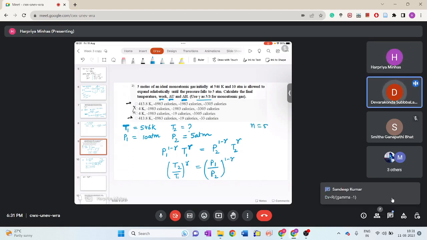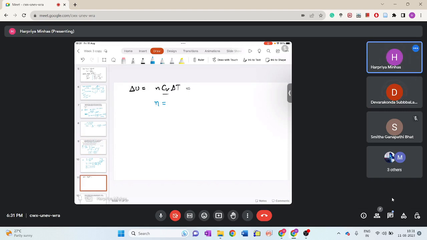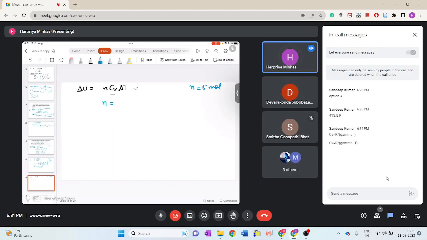Madam, Cp by Cv is equal to gamma, so from that we can calculate Cv. Yes, exactly, because you have already been given gamma. That is, the ratio gamma is equal to Cp by Cv.